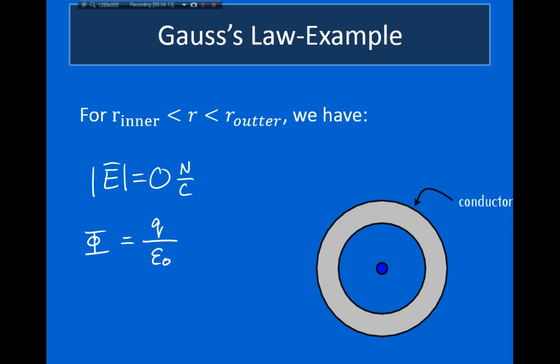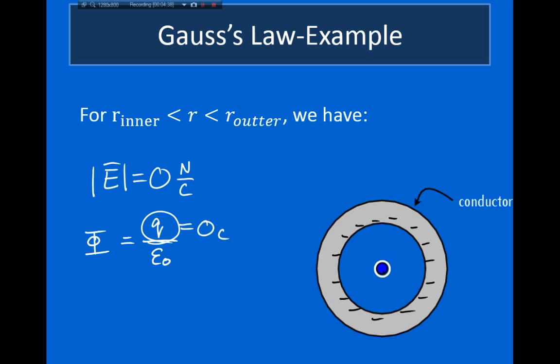So if the magnitude of the electric field is 0 inside the conductor, then the charge enclosed has to be 0. So what this tells us is that the charge that builds up on the inside surface of this metal has to perfectly cancel the charge that was placed inside this metal cavity.